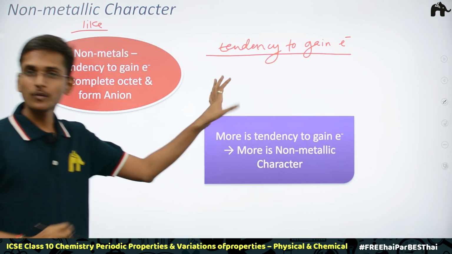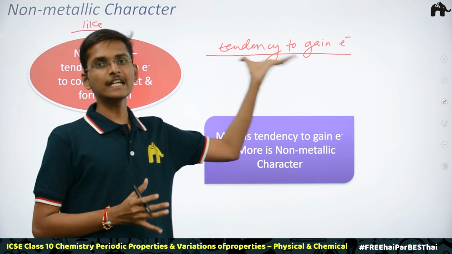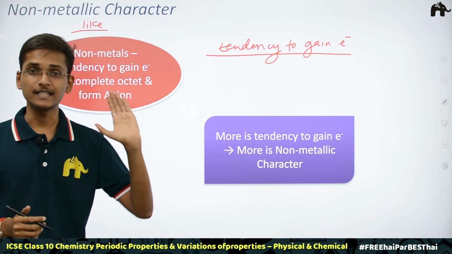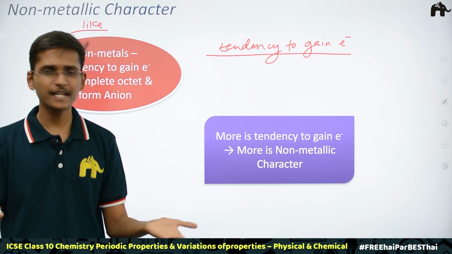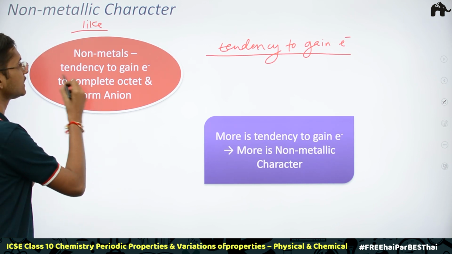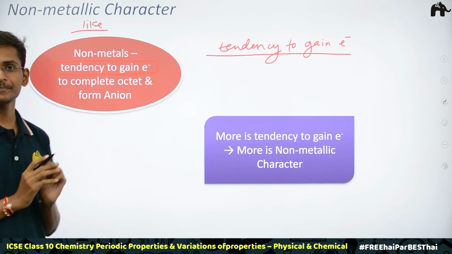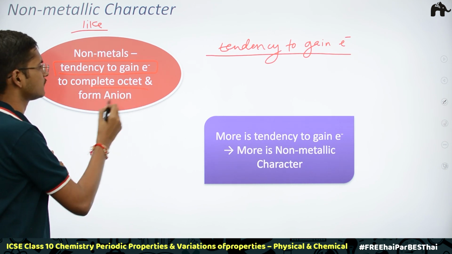If an element has the tendency to gain electron, we can say that element has non-metallic character. Why is this so? Because non-metals have the tendency to gain electron to complete their octet and form anion.